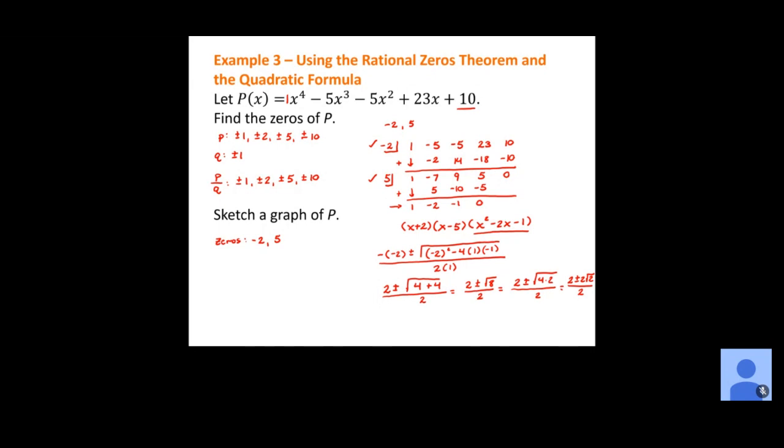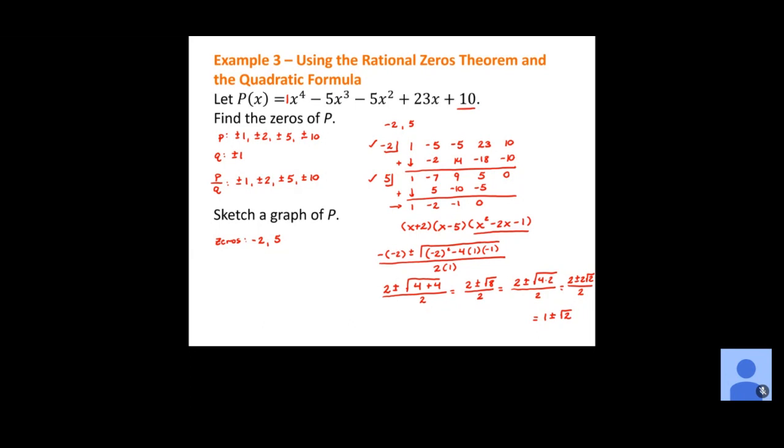Now, because everything here is divisible by 2, I can actually divide each one of those terms by the 2. And so this is going to give us 1 plus or minus the square root of 2. So 2 divided by 2 is 1. 2 square root of 2 divided by 2, the 2's cancel out and give us square root of 2. So that's what I'm going to get there.